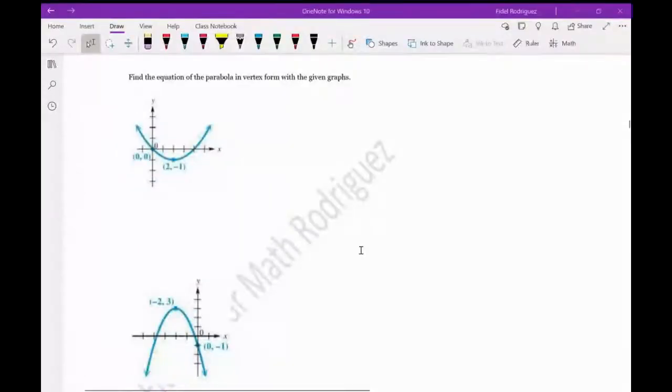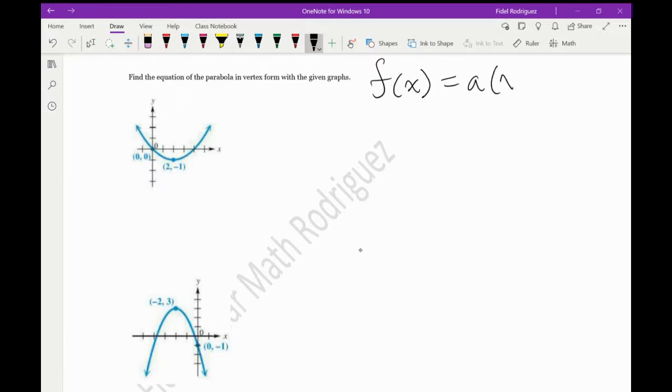Okay. All right, so now this problem here is asking me to find the equation of the parabola in vertex form with the given graphs. Remember, my form looks like this: f of x equals a times x minus h squared plus k. When I look at my picture here, I already know that this here is my vertex.